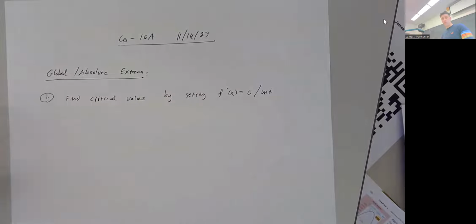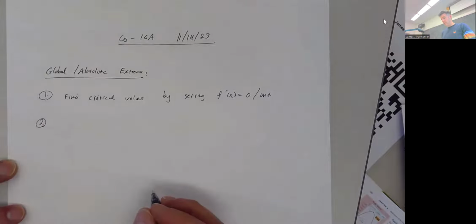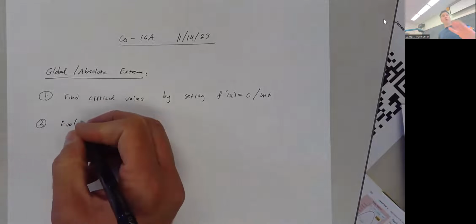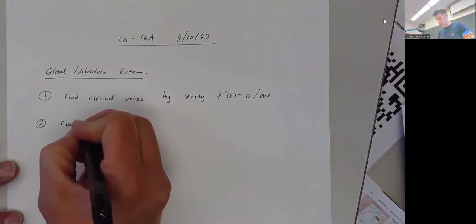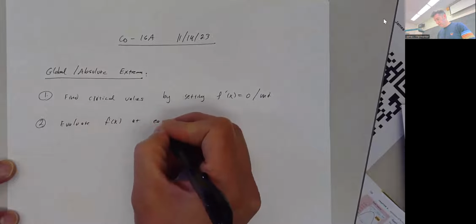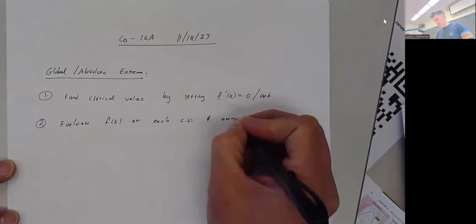And don't worry, we're going to walk through an example in just a second here. The second thing is to then evaluate your function, not the derivative, the actual function, f of x, at each critical value and any endpoints.